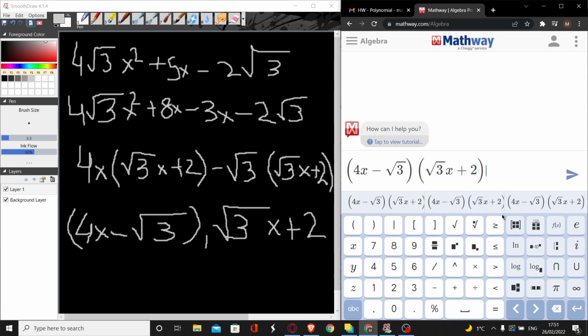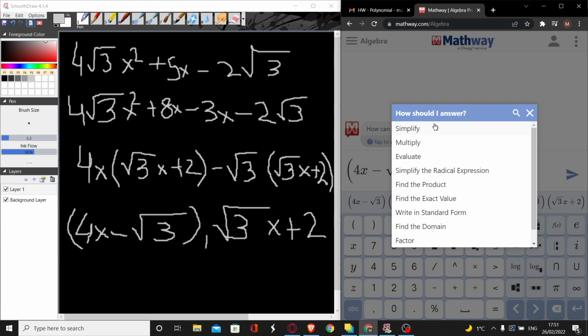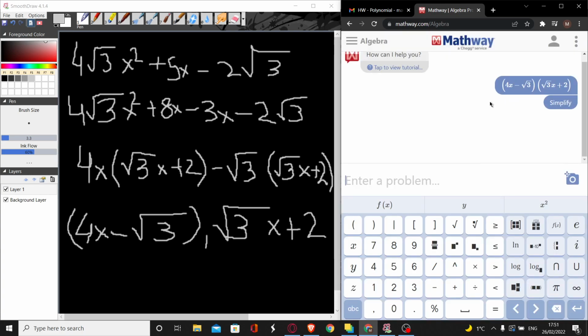Also, I'm using my mouse, so don't mind my amazing aim. But anyway, now we're going to multiply this. We're going to simplify. And as we can see, we get 4 times square root 3x square plus 5x minus 2 root 3. I have done this before.